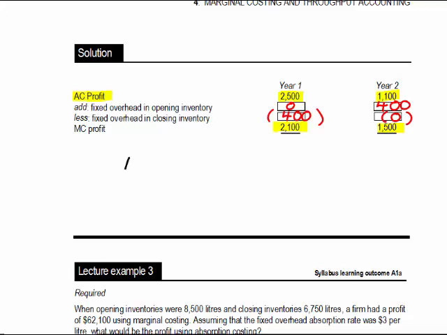Here we had a change in inventory of 200 units. We know that the profit difference is going to be that multiplied by the overhead absorption rate, which was 2. So in year one, our profit difference is going to be $400.